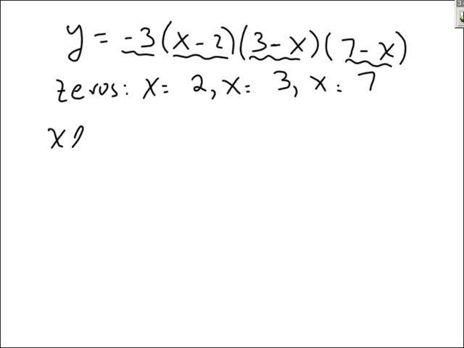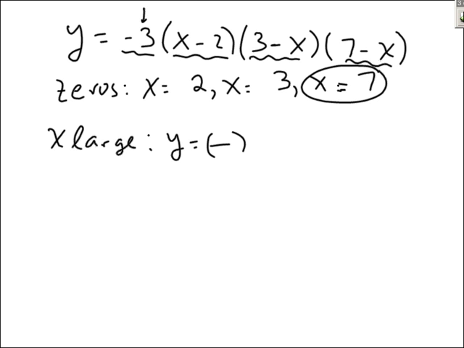Now, what happens when x is very large? That is, more than 7, more than the largest zero. Well, negative 3 is negative. If you're more than 7 and you take away 2, you're positive.